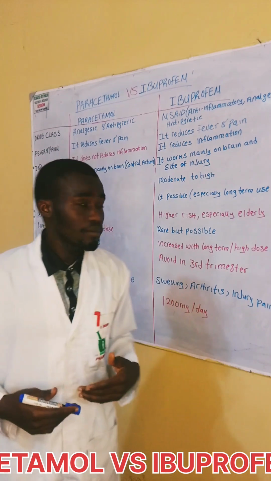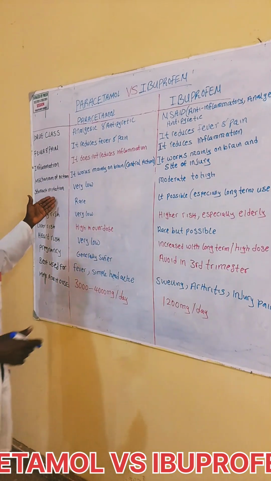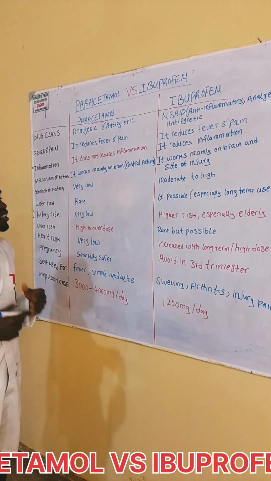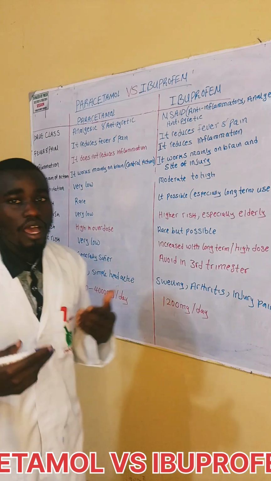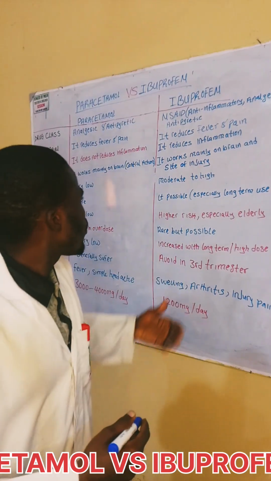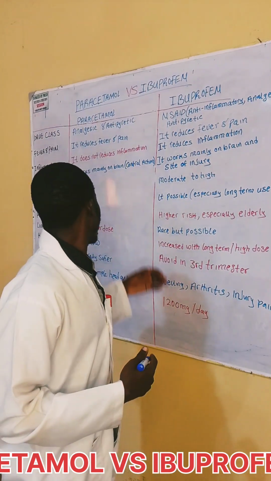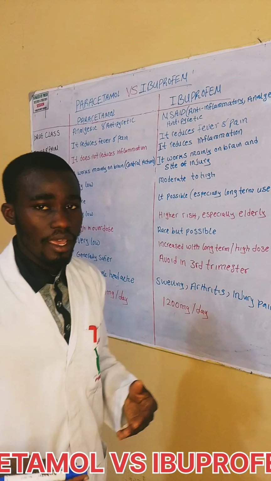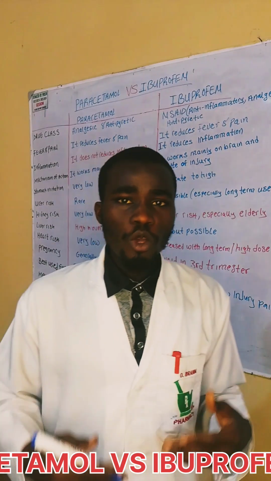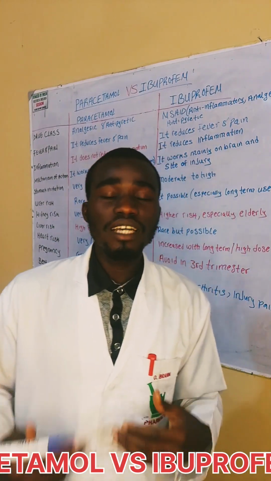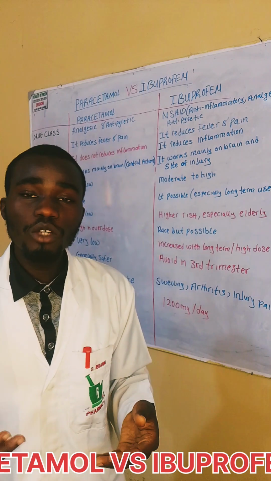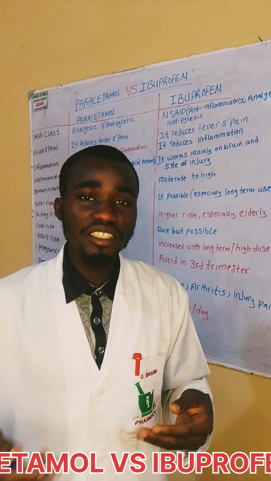And what about the stomach irritation? Paracetamol has low irritation to our body, while ibuprofen is moderate to high, because ibuprofen, you know, is an NSAID, which can cause stomach irritation in our body.